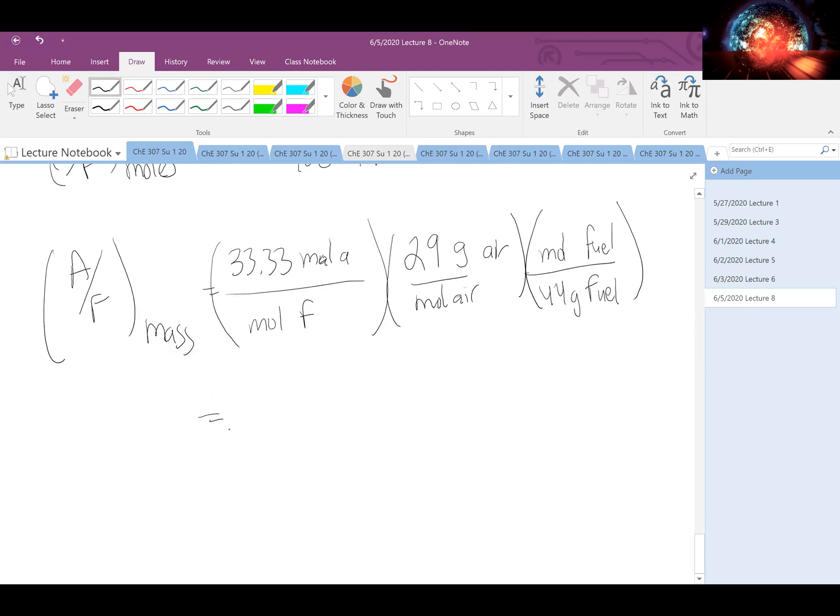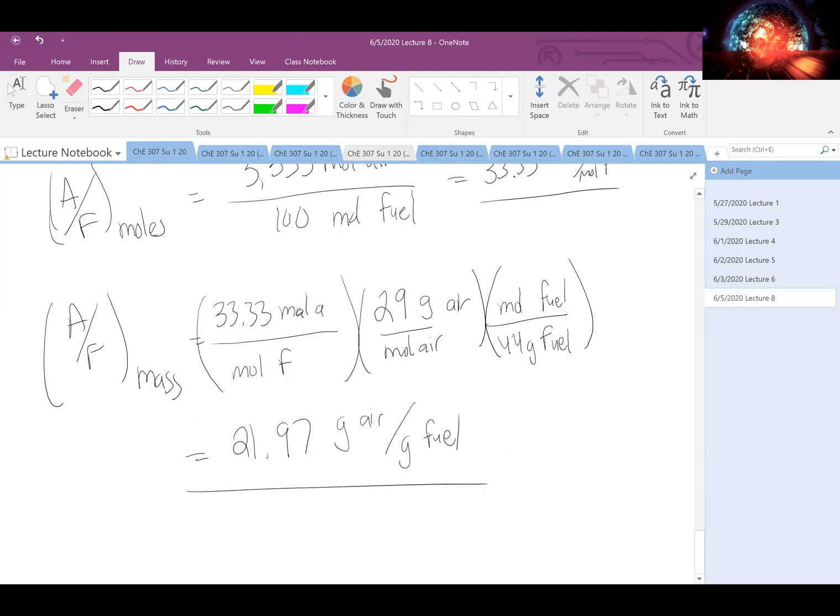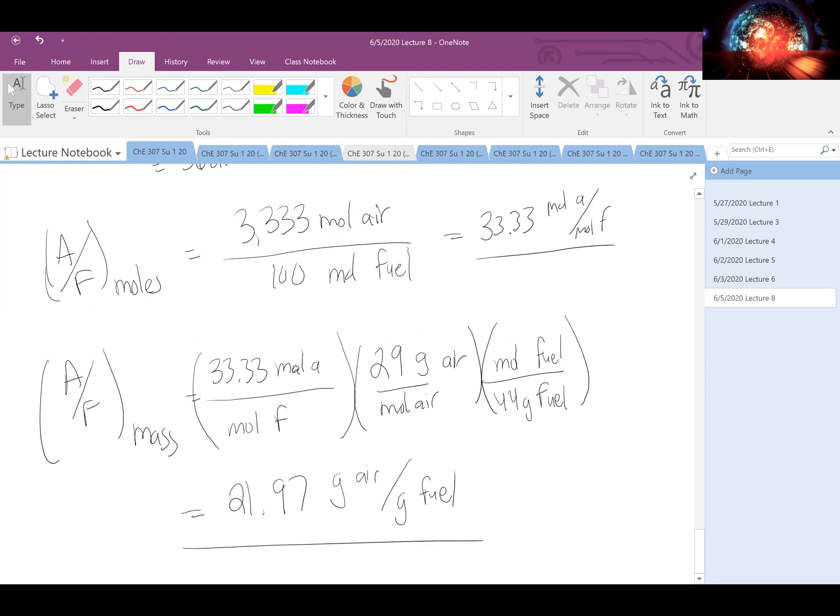And I'm left with the mass basis of the air to fuel ratio, which is 21.97 grams of air per gram of fuel. Any questions on that example problem? No questions?